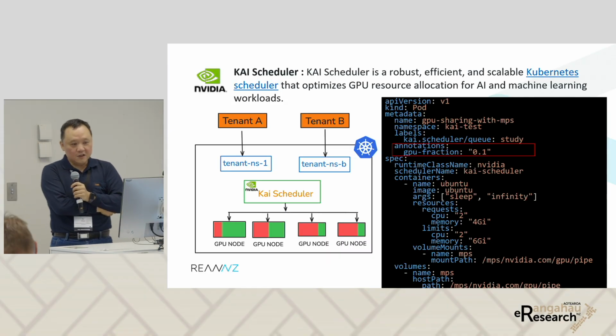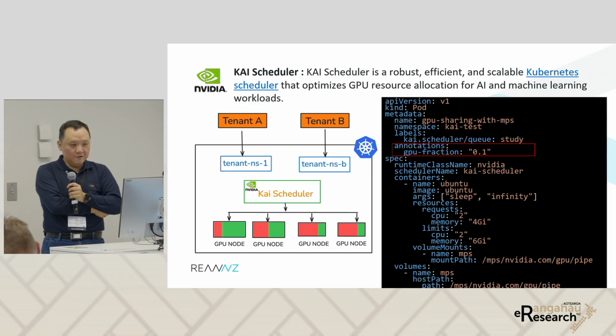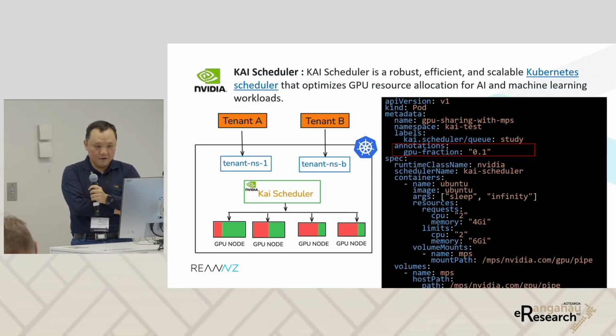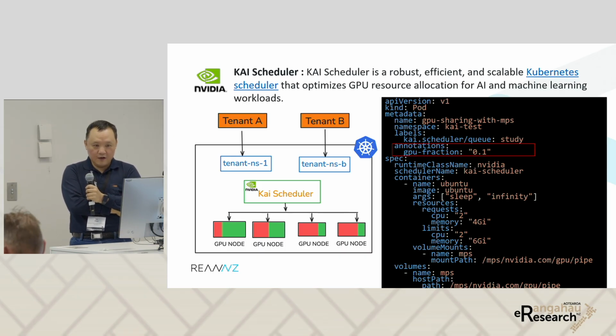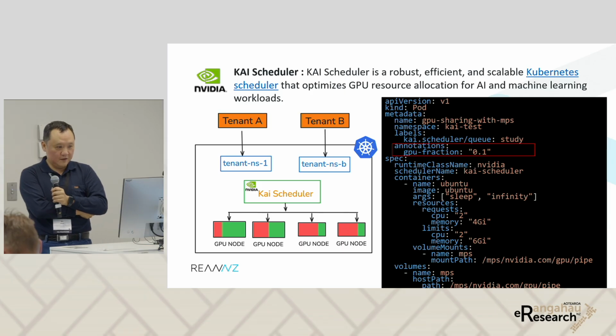Okay, our team is exploring how to build a reliable multi-tenant GPU cloud that gives researchers easy access to AI compute while maximizing GPU utilization. And the Kubernetes clusters are a strong and practical foundation for this purpose.